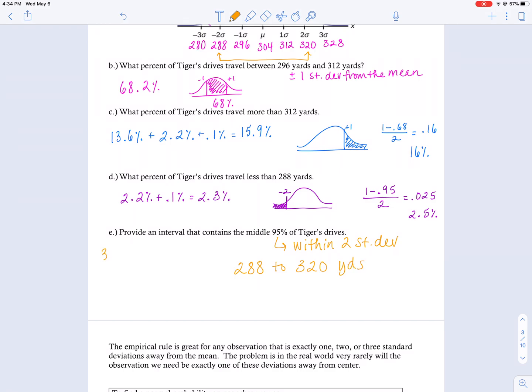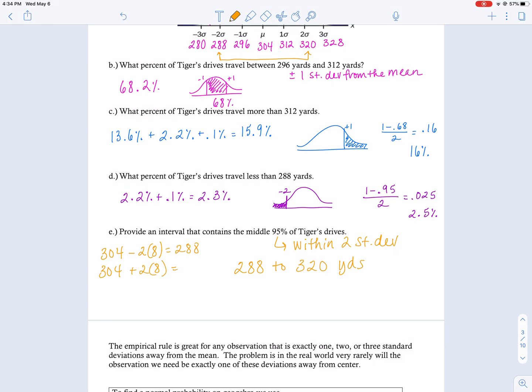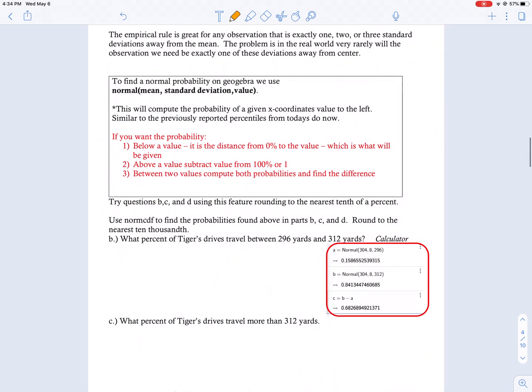I would take the mean minus 2 times 8, which would be 304 minus 16, which gives you your 288. And you would take the mean and add 2 times the standard deviation, which is 304 plus 16, which gives you your 320. Okay, so that's your interval. Okay, all right, so that's kind of by hand.